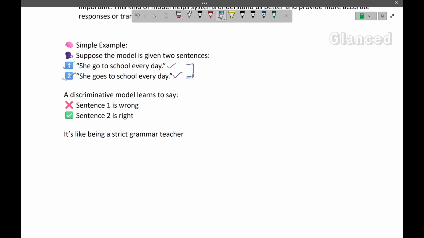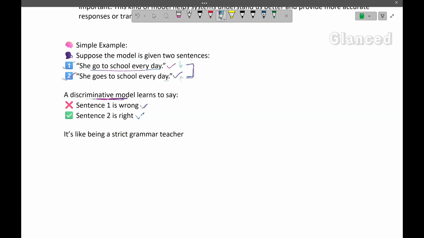After considering, it will calculate the probability of these two sentences. Obviously, the first sentence is not grammatically correct, right? So it will get the less probability when you compare with the second sentence. Obviously, the second sentence will have more probability. So at last, what this discriminative model will tell is that the sentence one you have given is wrong and the sentence two is correct.